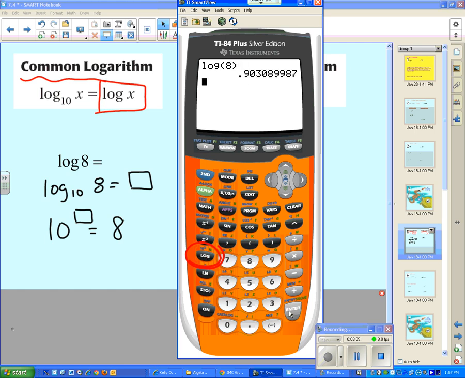And we were right. It is a number between 0 and 1. So let's be sure that that really is our exponent. What if we do 10 to that power? Should be 8. Check it out. And it is 8.